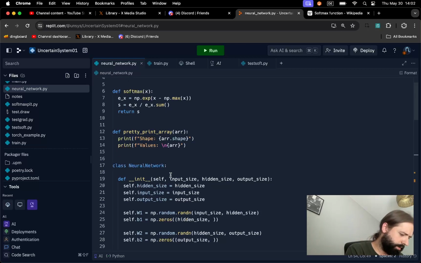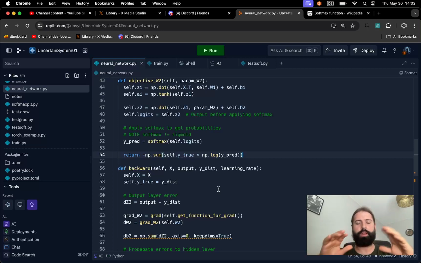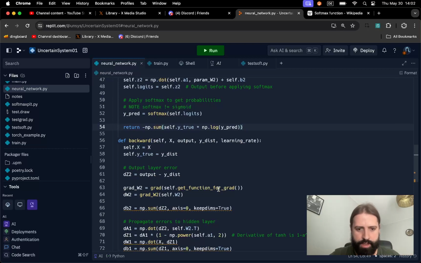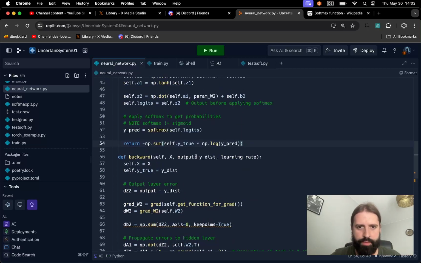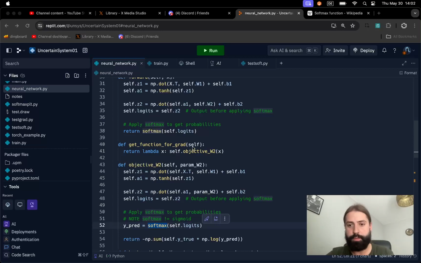I'm still stuck on this. I have to figure it out. I'm stuck because why am I getting mostly zeros when I remove the softmax? Then it doesn't. That's what I can't understand. When I remove the softmax from the objective function, I don't know, man. I'm just pretty stuck.